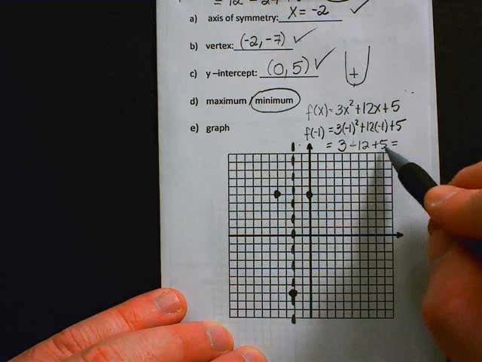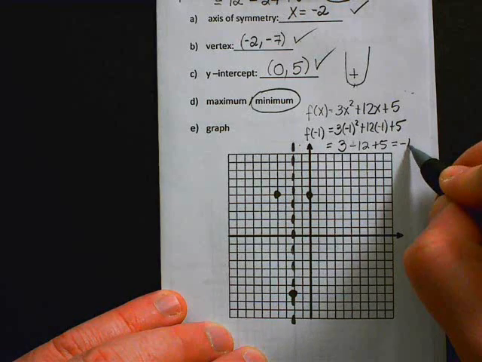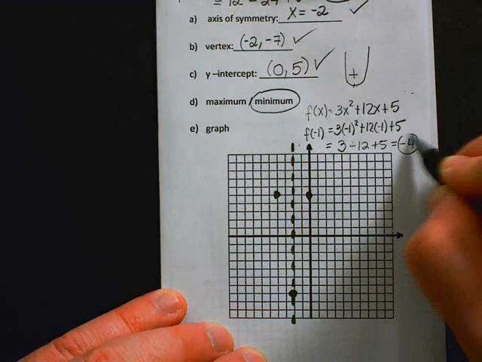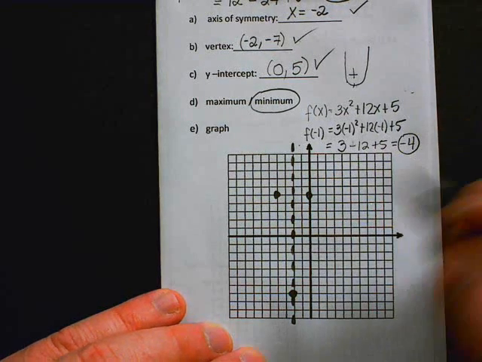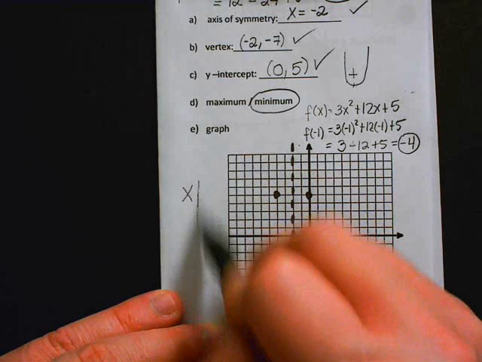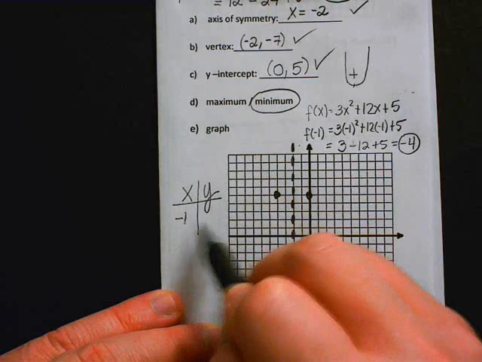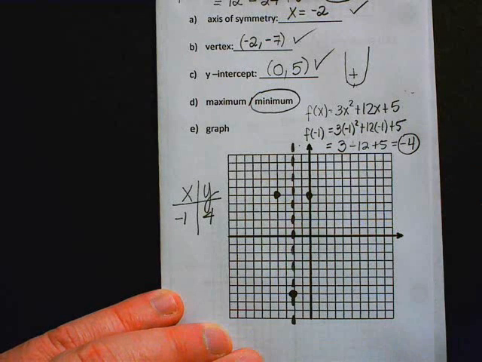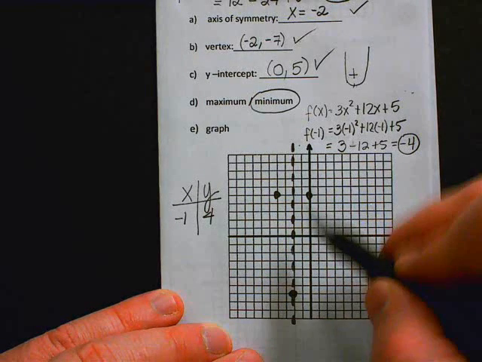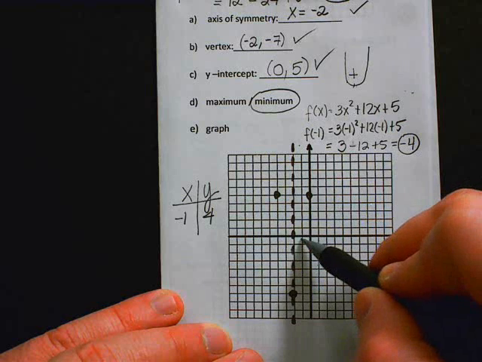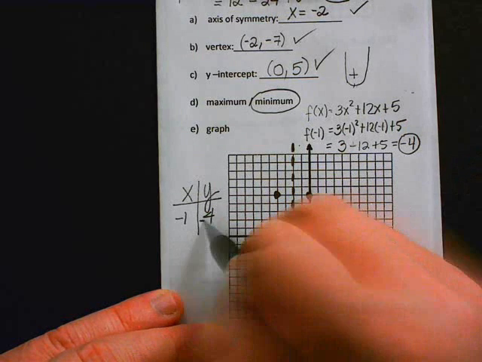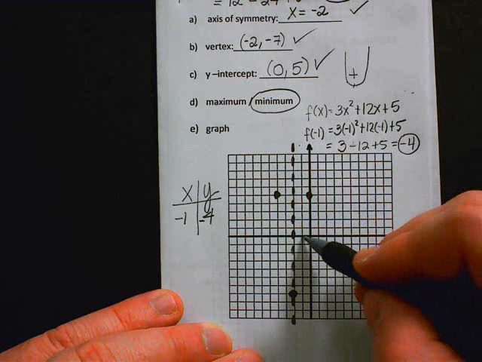Very well. So that means, if I made up my table here, I found another point. When I plug in -1, I got a 4. I'm sorry, -4. I forgot the sign. So it'll be -1, and go down 4, and there's our point right there.